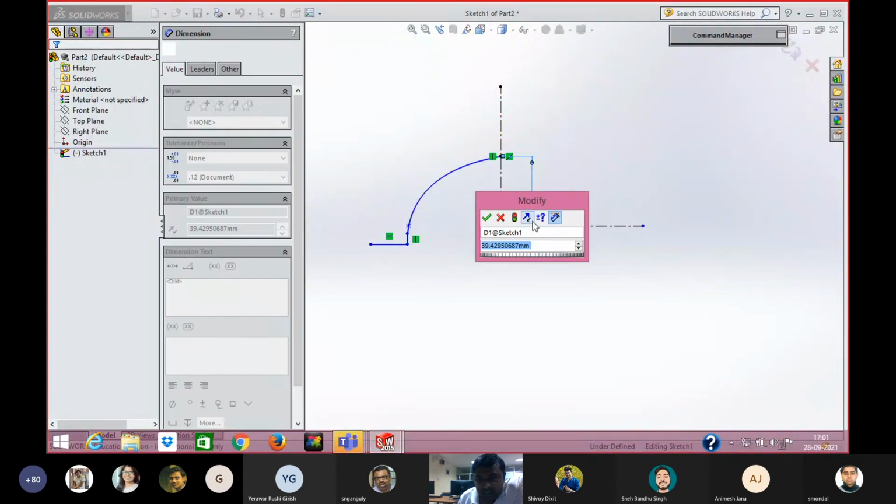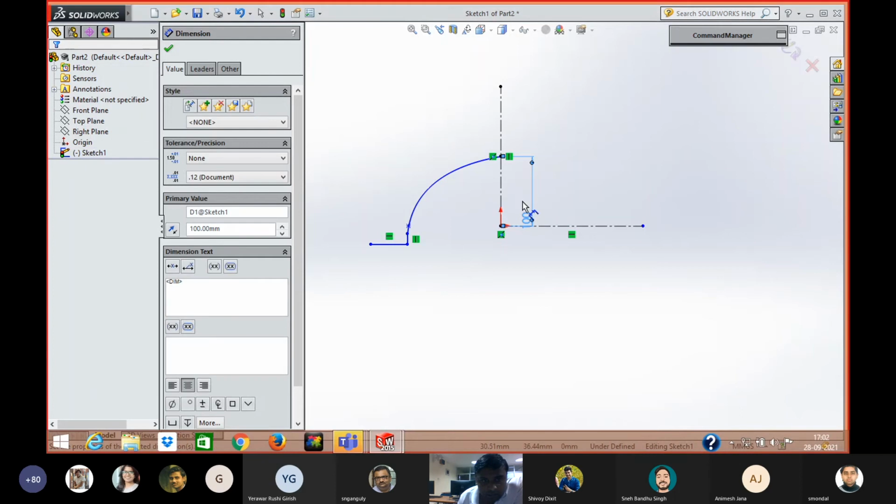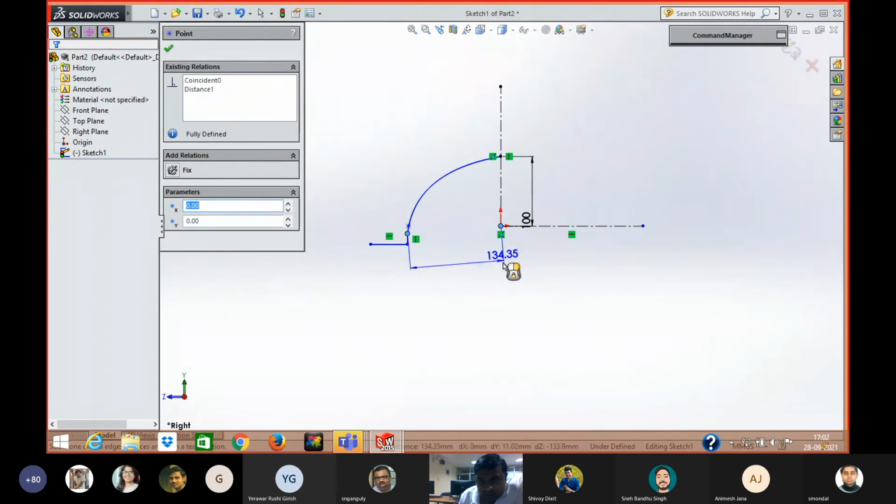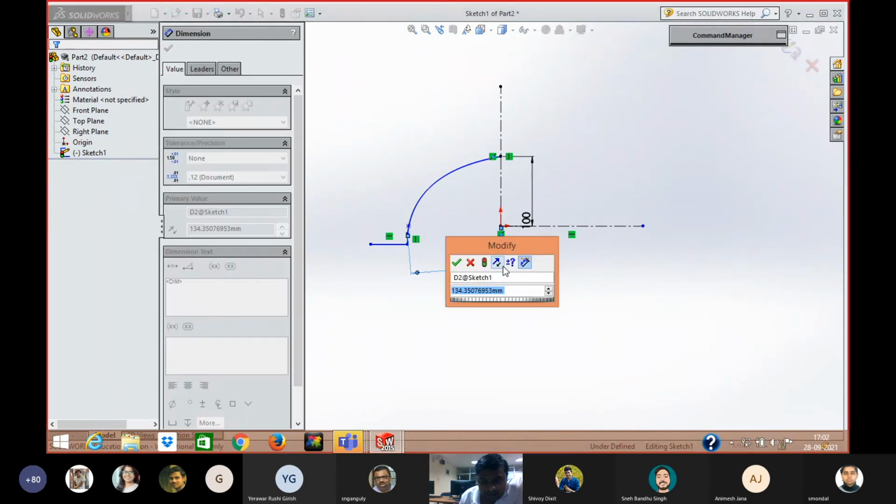So you can take 100 mm. As well as the distance, you can modify, you can take as 35 or something, whatever you need.